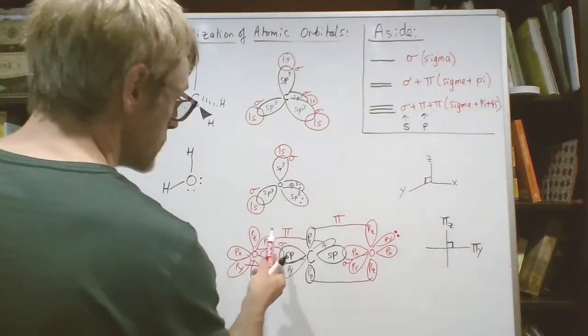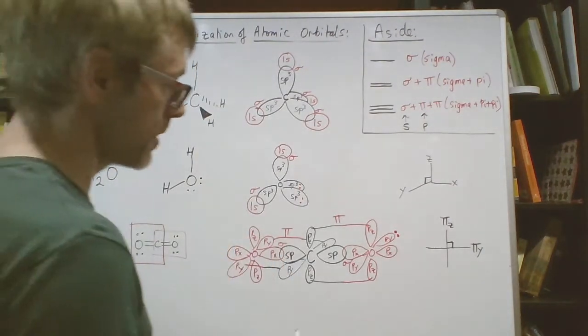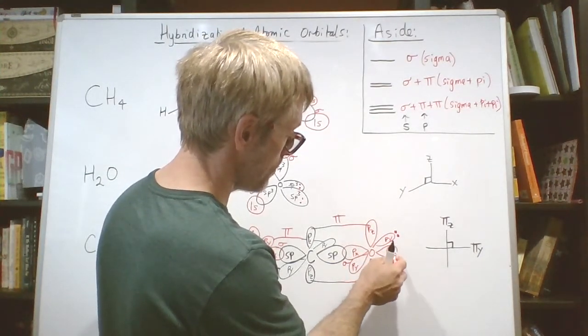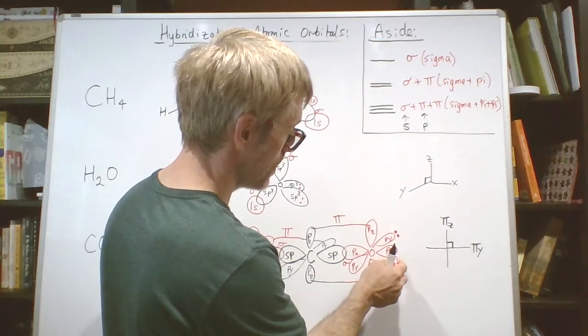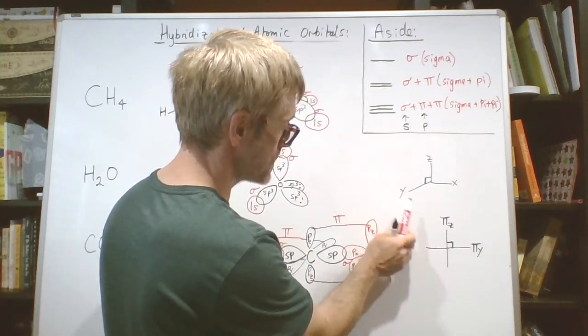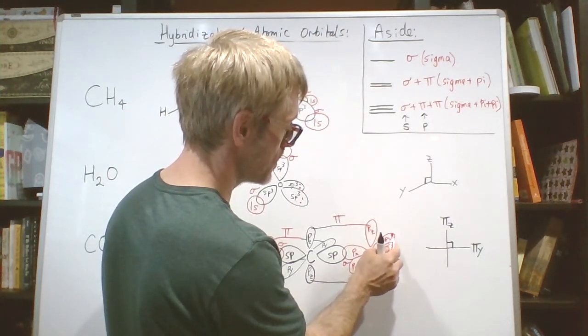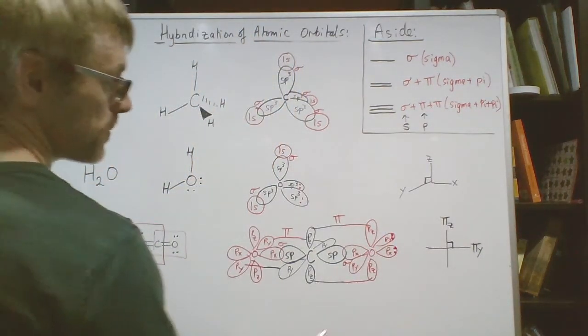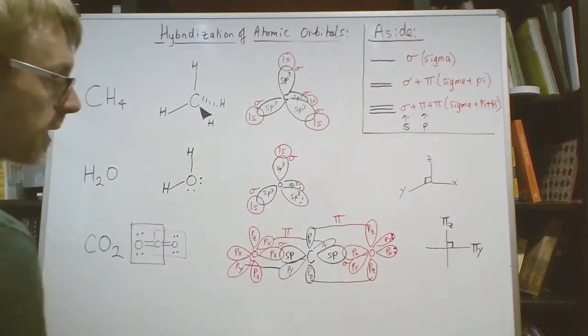And on this oxygen, I need the second lone pair. I should really draw it inside the orbital, shouldn't I? Hopefully you can see it. So my py and my px are available for my lone pairs.